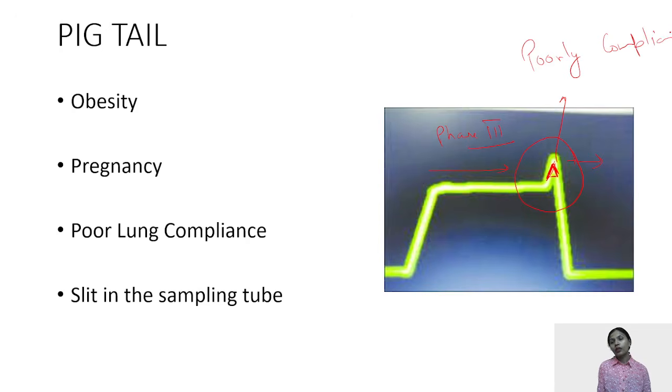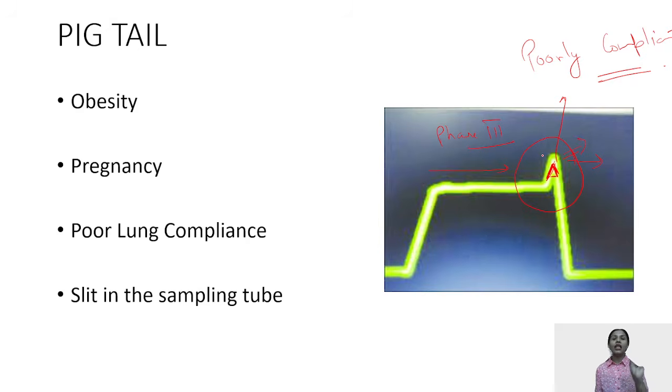So the case that will come is, for example, the patient can have poor lung compliance in certain conditions, like the case scenario could be of obesity, a pregnancy, or lastly, the sampling tube could have a leak or a slit, because of which some amount of inspired air has gone into the sampling tube. In that case also we can have such an upstroke in the last part of phase 3.